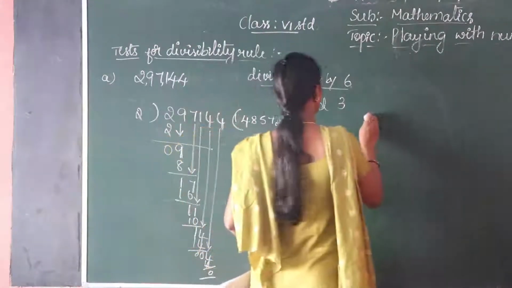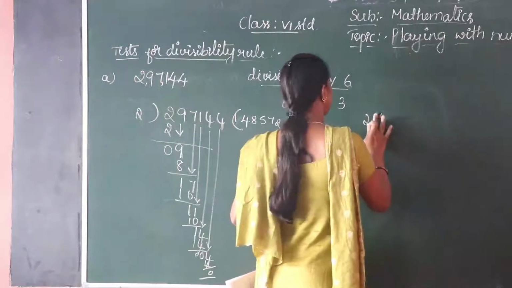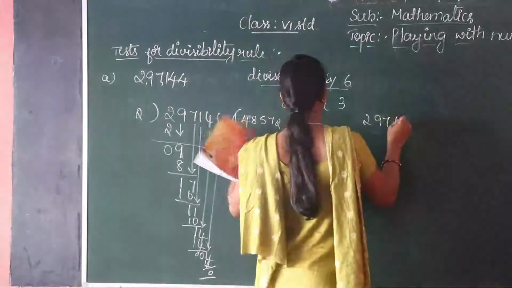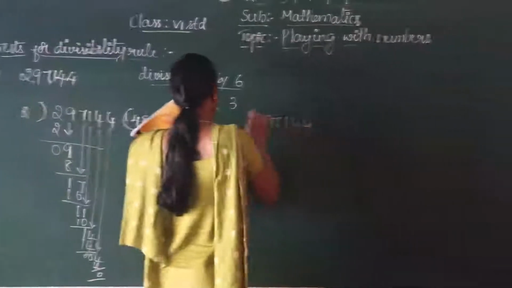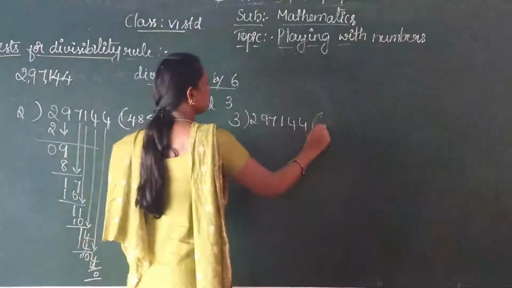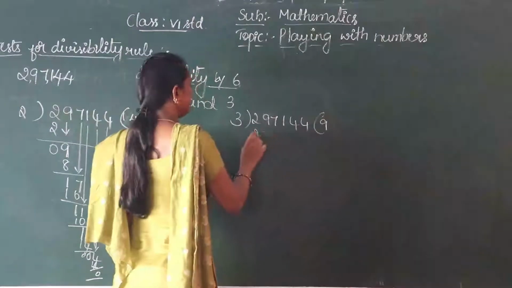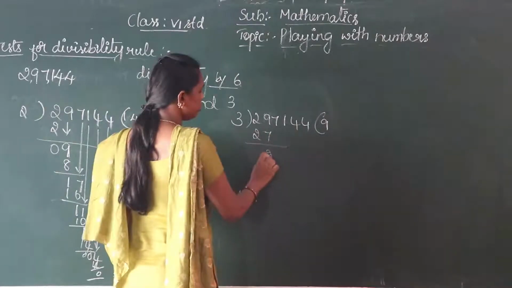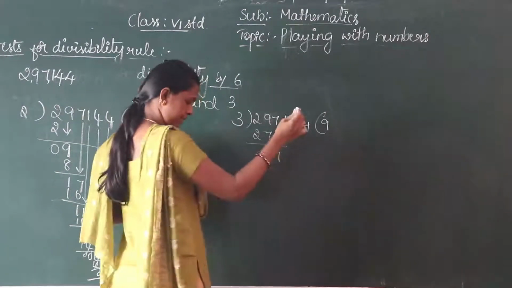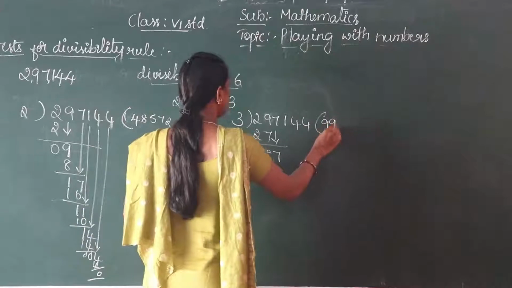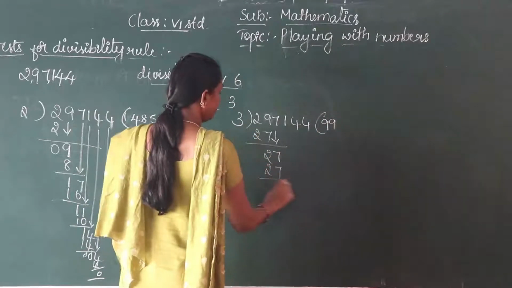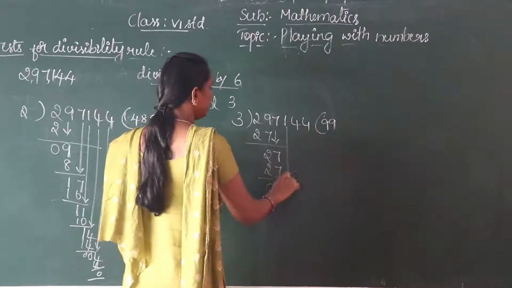We have to check here. Write down the same number, 2,97,144, divided by 3. 3 nines are 27. Remainder 2. Take down 7. Again 3 nines are 27. Remainder 0. Take down 1.